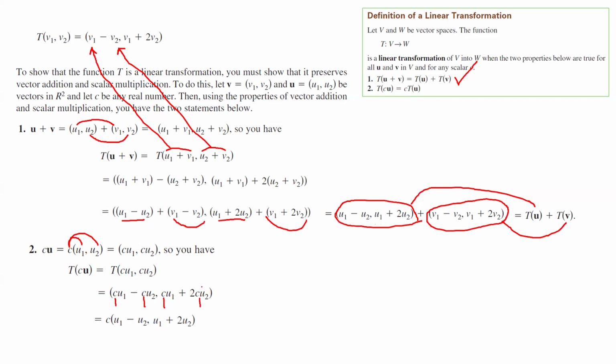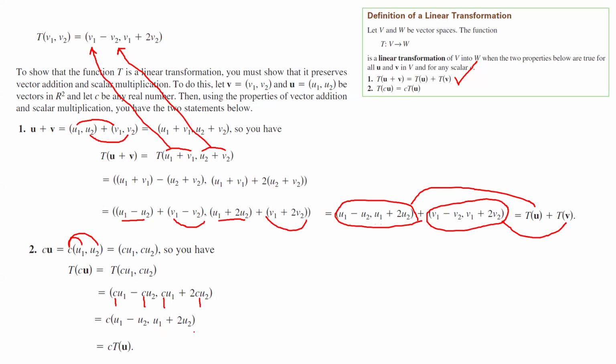It's just a linear combination, so you can factor out c, and it becomes c times (u1 minus u2, u1 plus 2u2). Well, what is this? This is basically c times Tu, right?